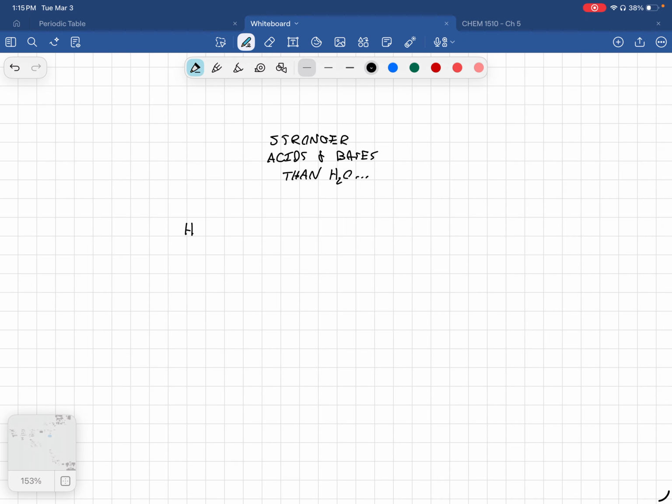So let's say, for example, we have the acid H2S aqueous plus we have the base NH3, okay? And that would form the base HS minus aqueous, and then the acid NH4 plus aqueous.